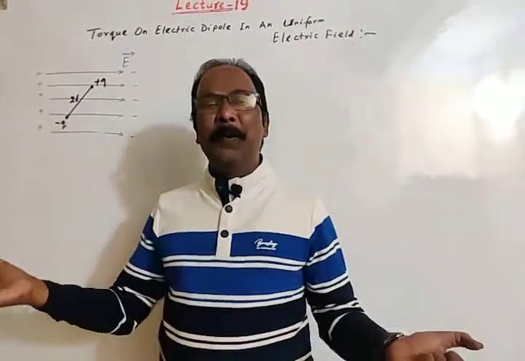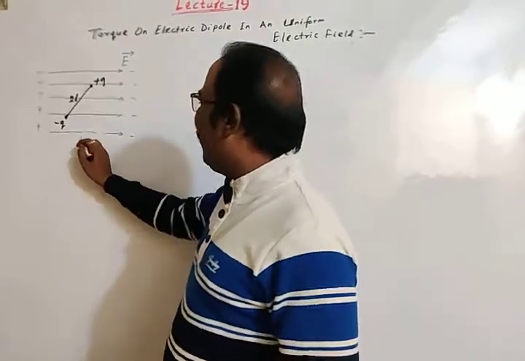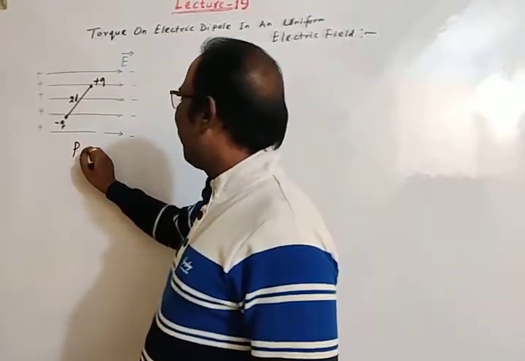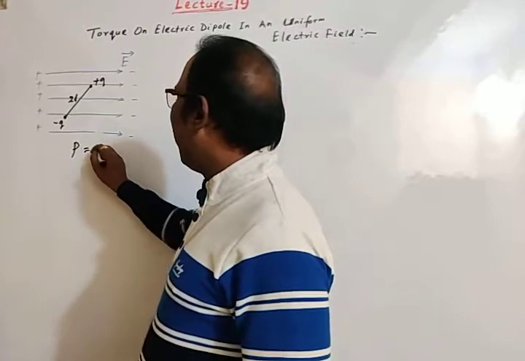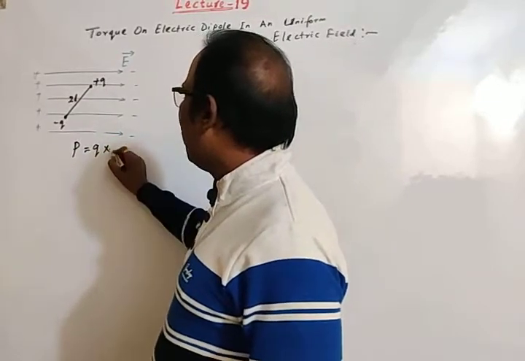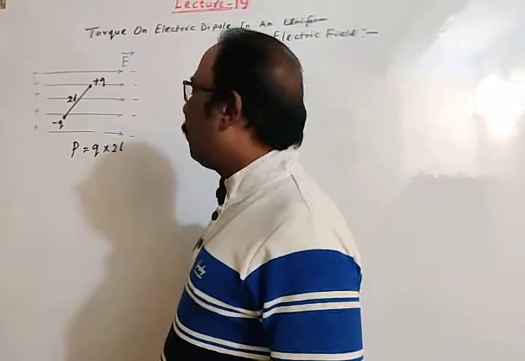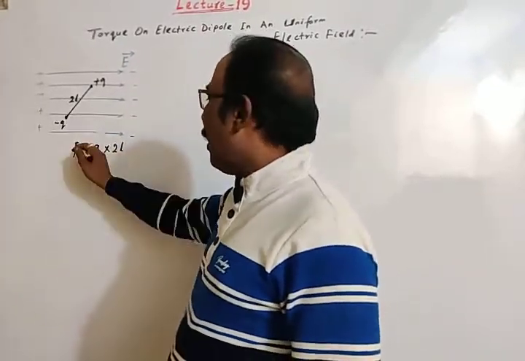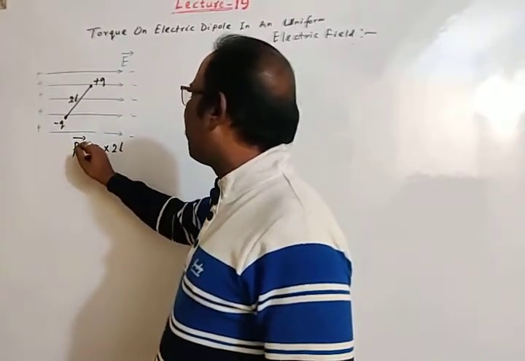Again, we know electric dipole moment is the product of the magnitude of one of the charges and the distance between the two equal and opposite charges, and the direction of dipole moment.